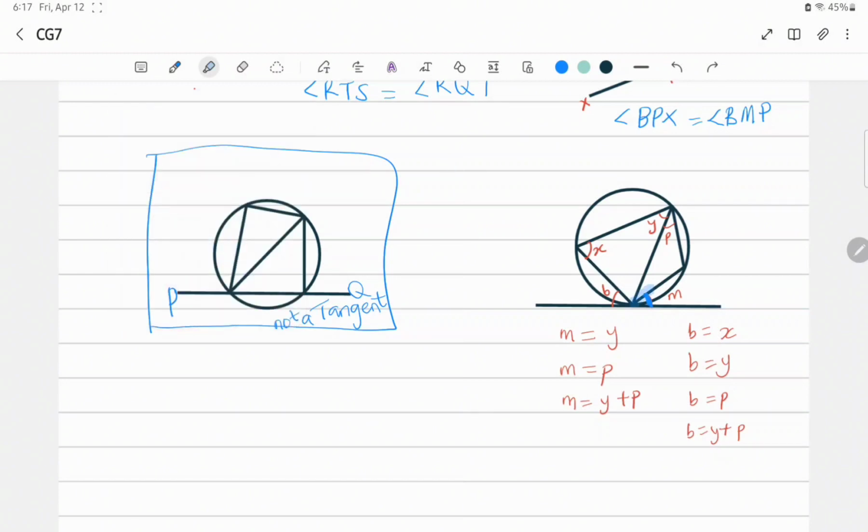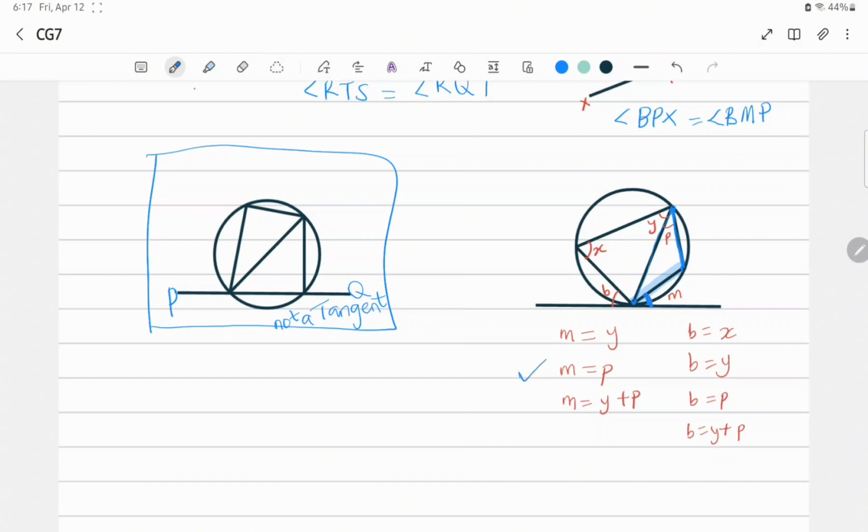So this chord right here, I can see that this chord is forming another angle at the circumference. So which angle is it forming? This end right here is extending to this point. The other end of the chord is also extending to this point. So the angle formed is P, not Y. It is P, not Y. So that means only this statement is correct.